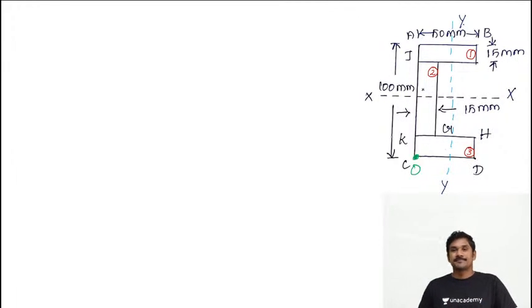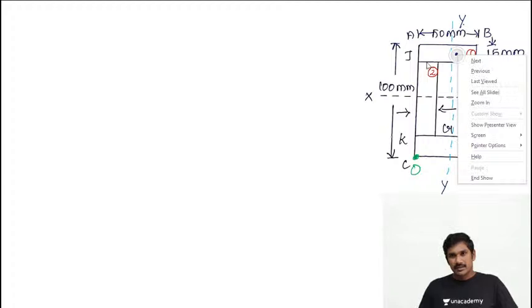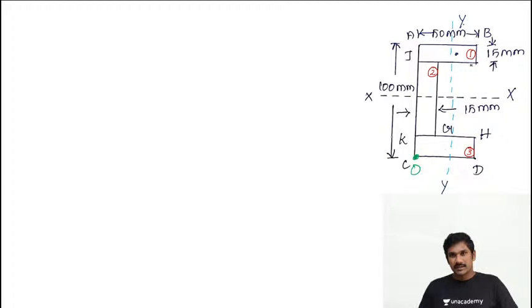So for that, the position of y-y axis means you have to find the horizontal distance. So the CG of individual rectangle, rectangle 1, let's assume it was here.